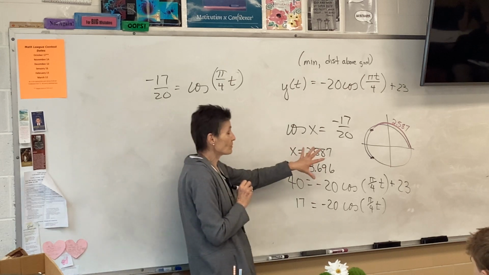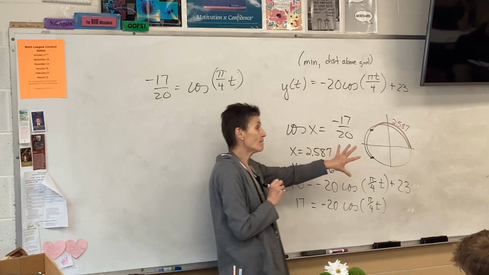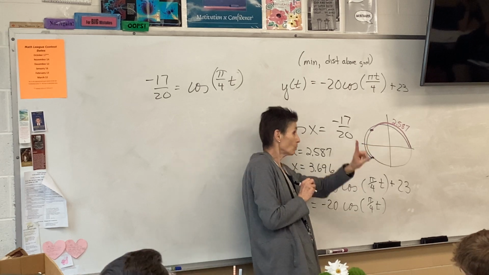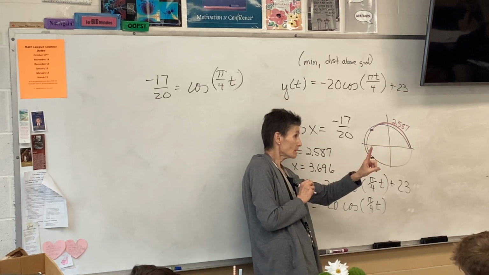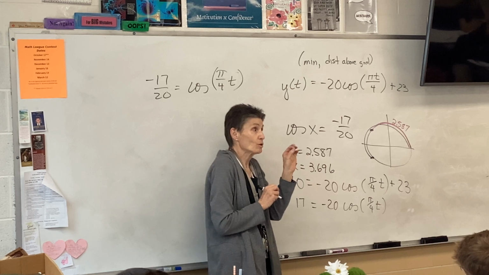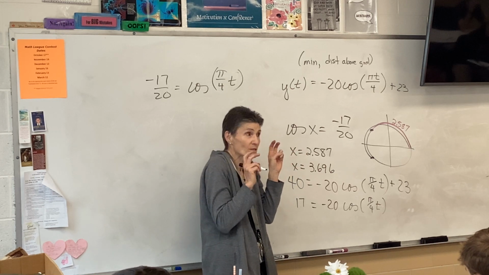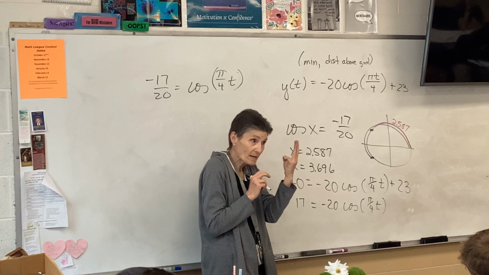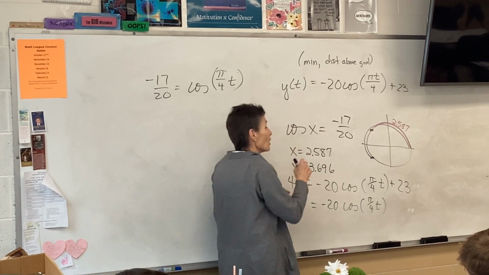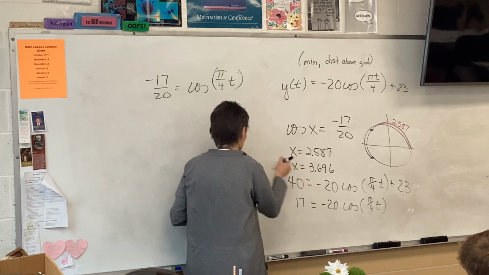Now, those are the two answers if I go around the circle one time. Wait a second, this girl has got a ride on the Ferris wheel, so she is going around 3 times. So add 2 pi to both of these.